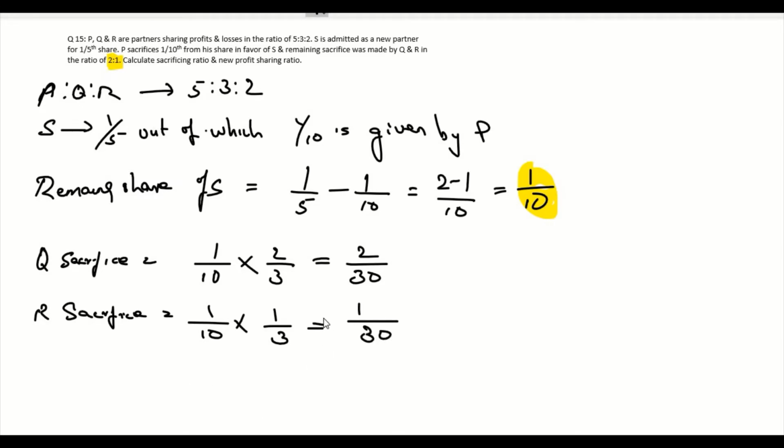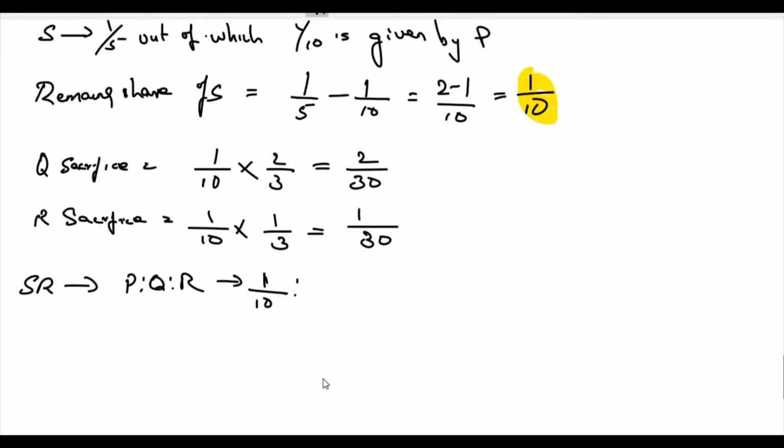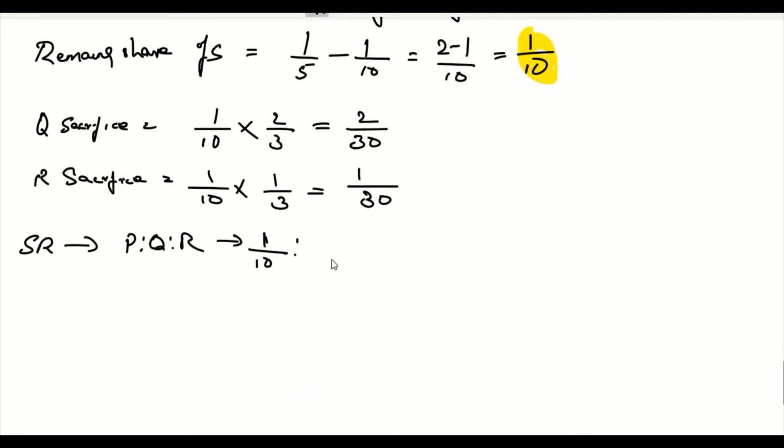Now if we find the sacrificing ratio of all the partners, we have the sacrificing ratio of P, Q and R. So 1/10 is given by P, so it is 1/10 is to 2/30 and 1/30. So if we keep the common denominator, it's going to be 3:2:1.